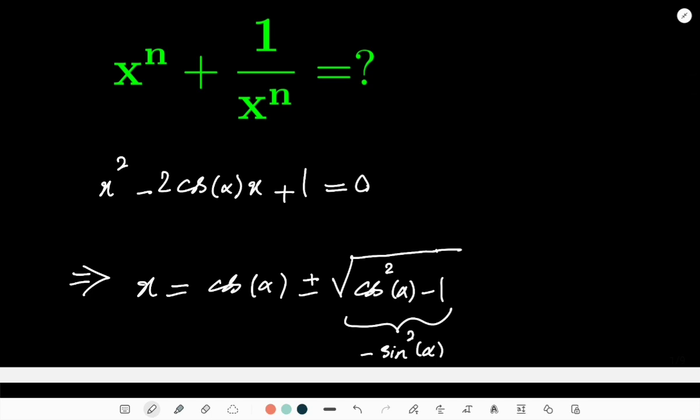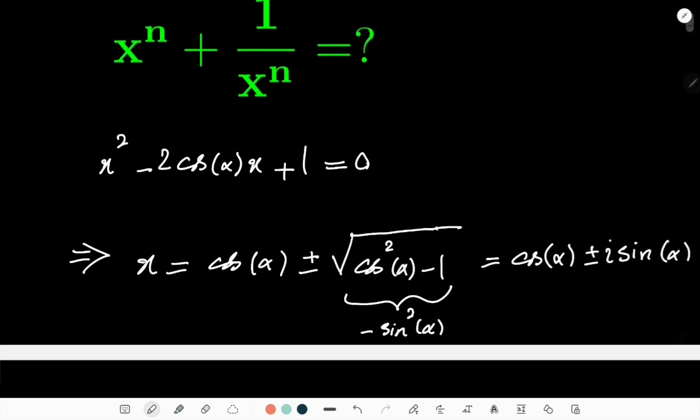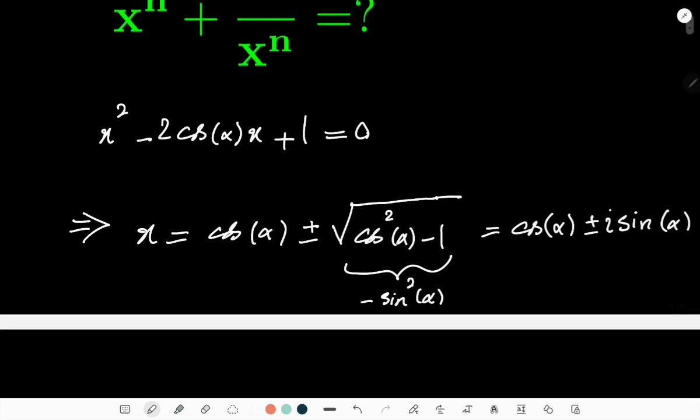We know from complex number theory that the square root of minus 1 is basically i. We define it as i. So here I get cosine of alpha plus minus i sine of alpha. Beautiful, but that is a famous identity in complex analysis.